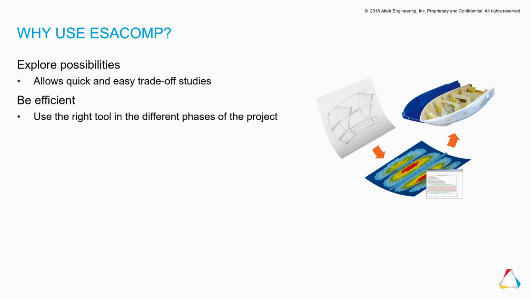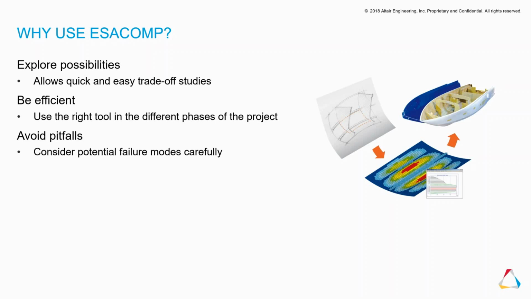We also think that the right tools should be used in the right phase of the design process, and it's not necessarily the most efficient way to always start with creating an FE model for everything, because a composite laminate as such, as a building block for the structure, is already fairly complicated. There's lots of things that can be done beforehand on that level, and ESACOMP is the perfect environment for doing those studies in the natural environment.